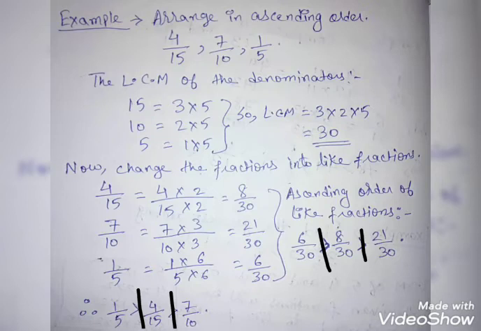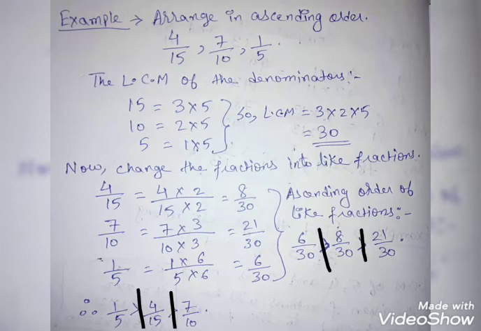It will become 8 by 30. In the similar way 7 by 10, I know 10 if I multiply with 3 it will become 30. So the same number will be multiplied with the numerator also. So it will come 21 by 30 and 1 by 5 will become 6 by 30.